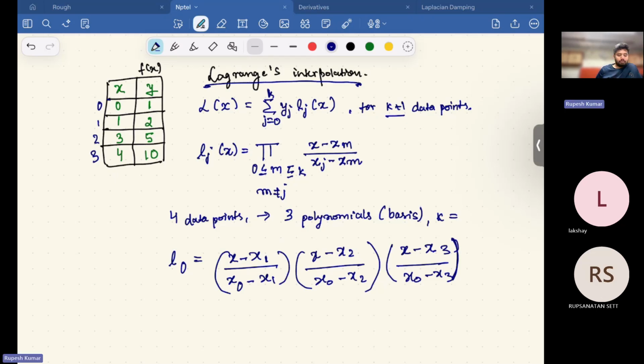So this is how you write the Lagrange polynomial function.